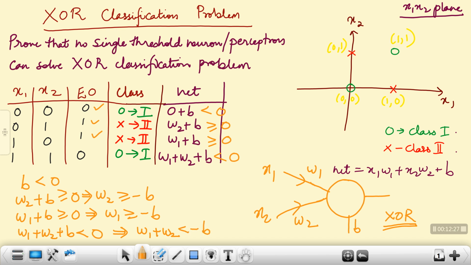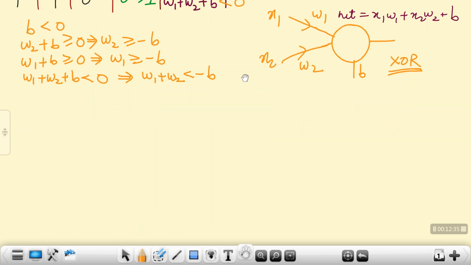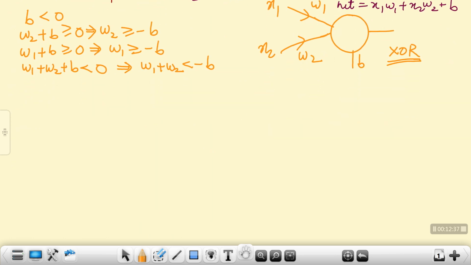Now is it possible to satisfy these conditions? We shall take an example and check. Bias should be less than 0, so we make bias equal to minus 0.5. This condition gets satisfied.